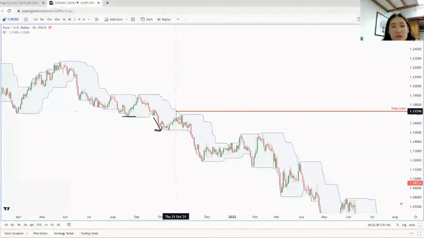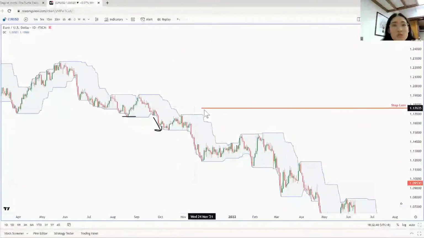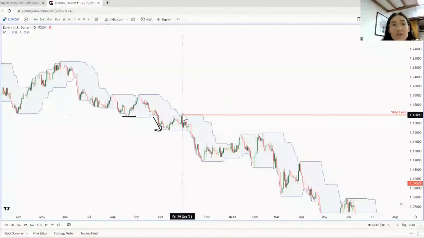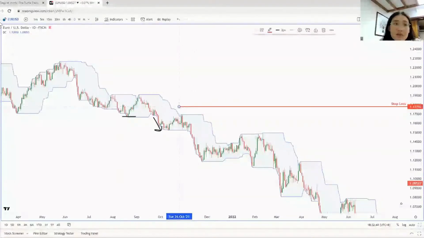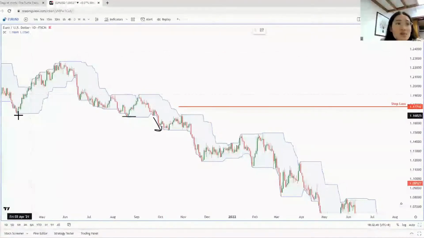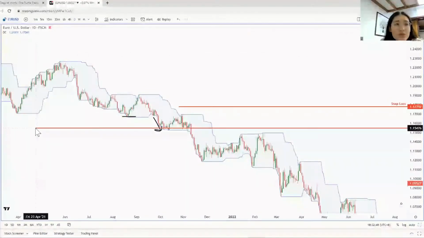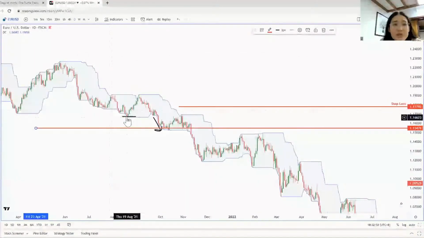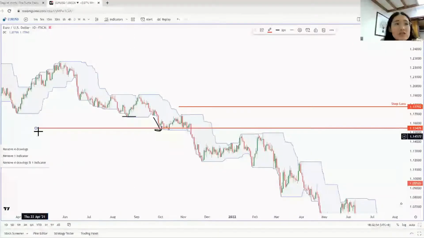Which is why we always recommend you to place your stop loss before any big area of confluence. And what we mean by big area of confluence, over here we have this swing low here, as well as a swing low here. So this area, okay, let me just get rid of this.